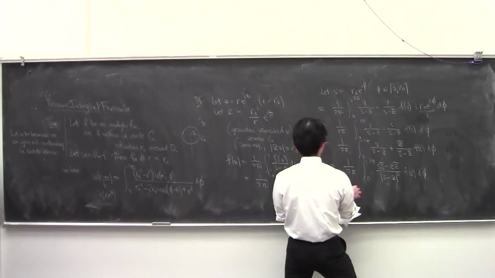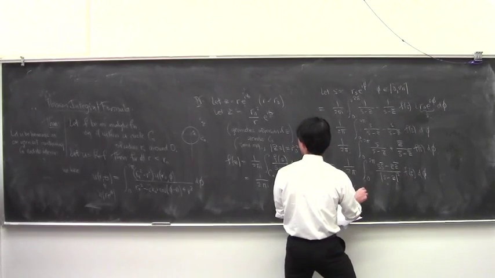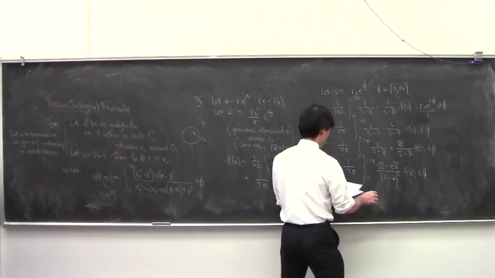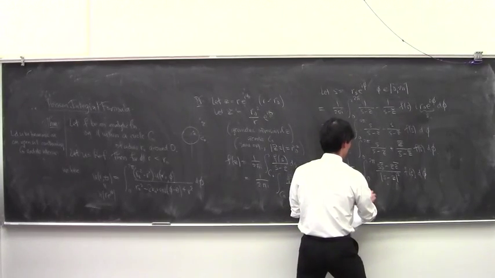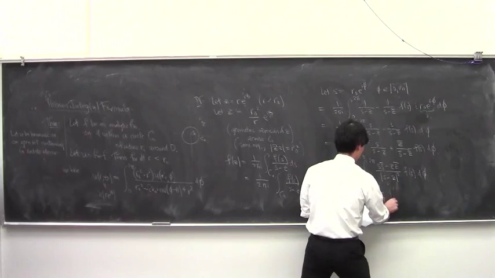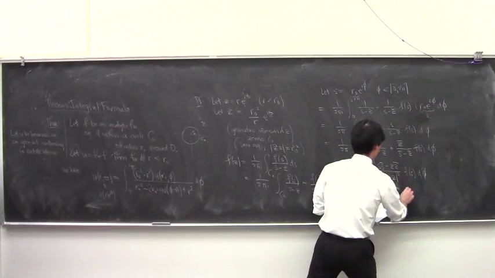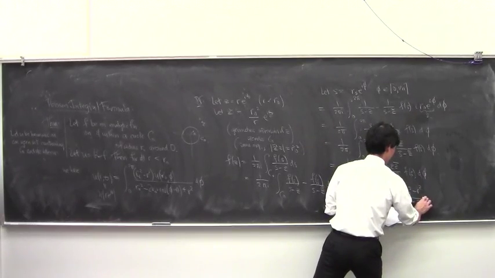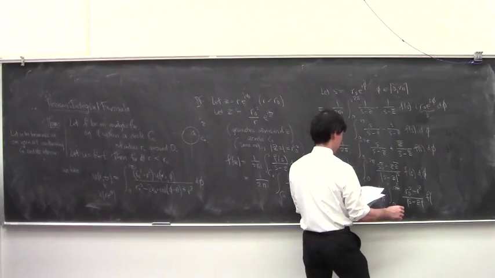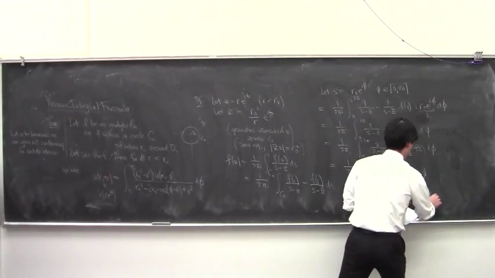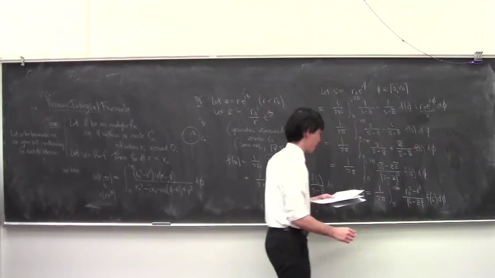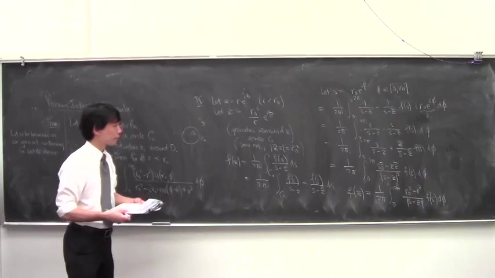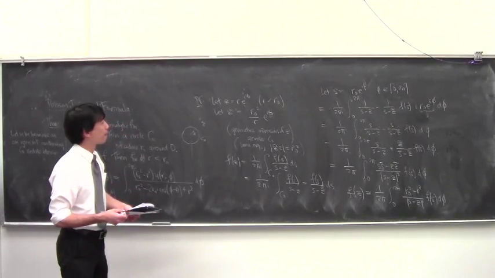Writing that out, that gives you that f at z is 1/2 pi times the integral from 0 to 2 pi of r naught squared minus r squared over the quantity modulus of s minus z squared, f of s d phi.